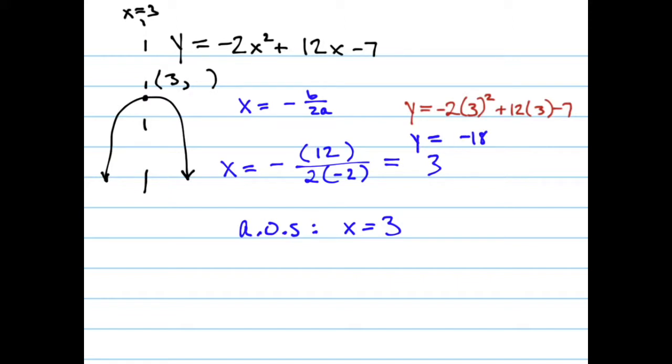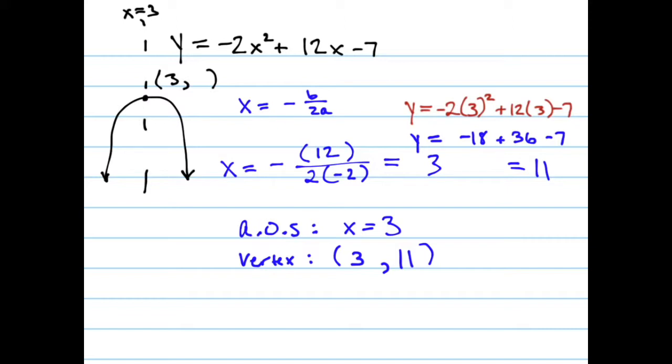What's 12 times 3? 36. And what's negative 18 plus 36 minus 7? 11. So the coordinates of our vertex are 3, 11.